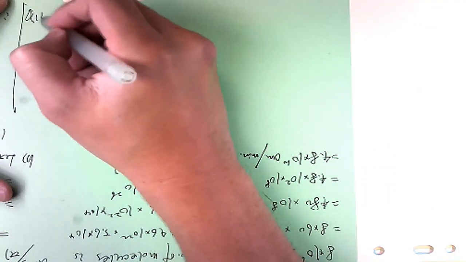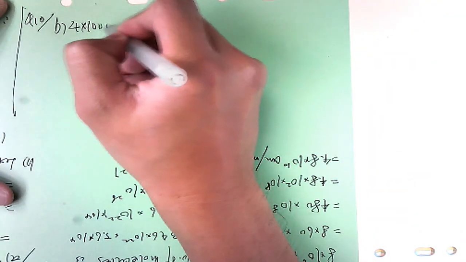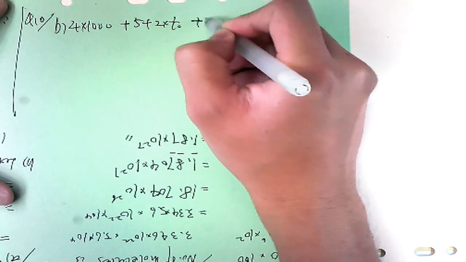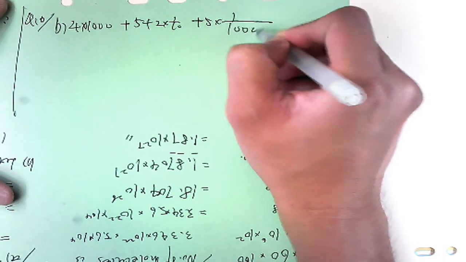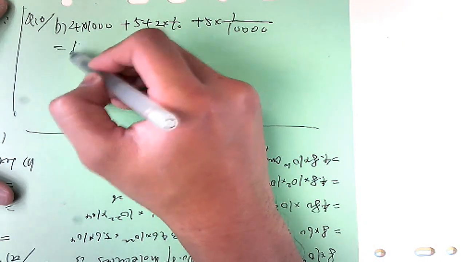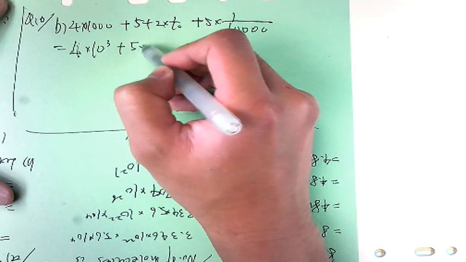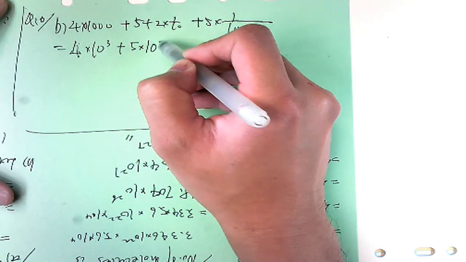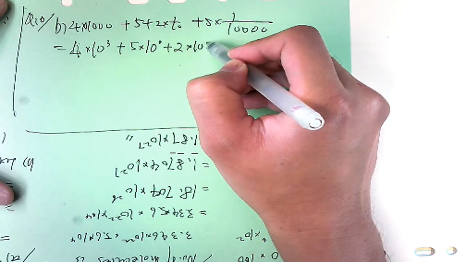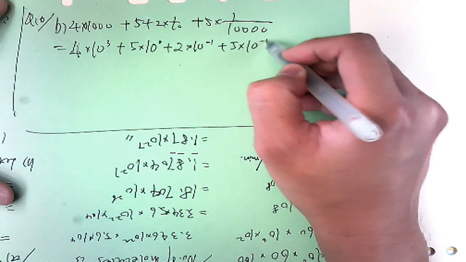Go to 10. B, 4 times 1000 plus 5 plus 2 times 1 over 10 plus 5 times 1 over 10,000 is okay. So make it 10 to the power something. This 5 can be 5 times 10 to the power 0, understand? This 2 times 10 to the power minus 1 plus 5 times 10 to the power minus 4.